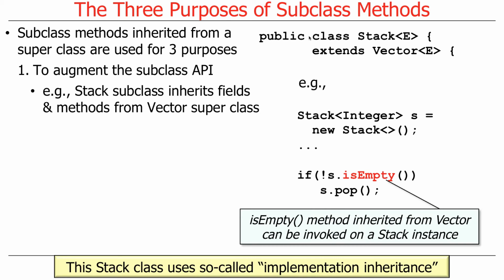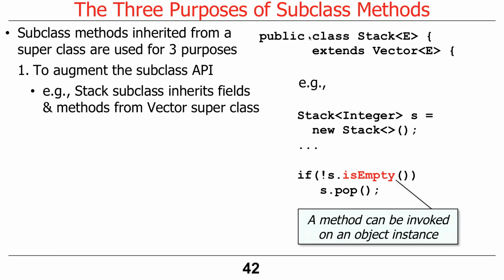Vector defines isEmpty, and we can reuse the isEmpty method from Vector when we use a Stack. So Stack uses isEmpty, which it inherits from Vector, and it percolates through the Stack's public API. So isEmpty is inherited from Vector, and it can be invoked on a Stack instance. And this is what's often called implementation inheritance. We'll talk about that a little bit more in a second.